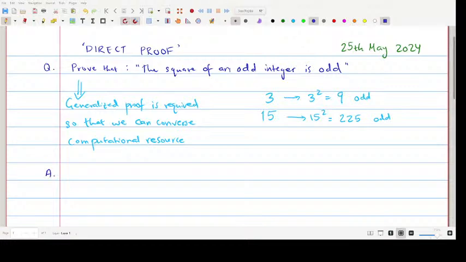Okay. Now, what is the given? Given is an odd integer.